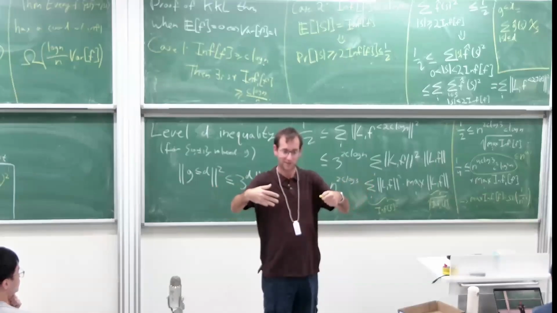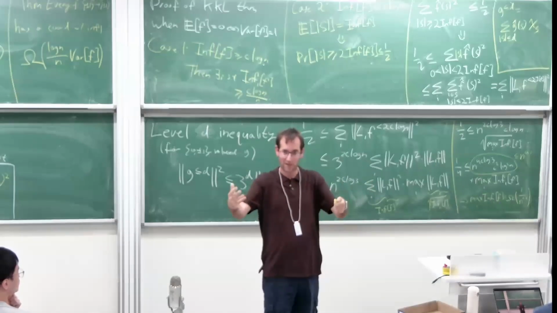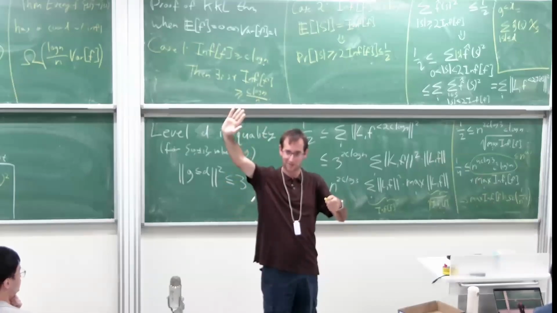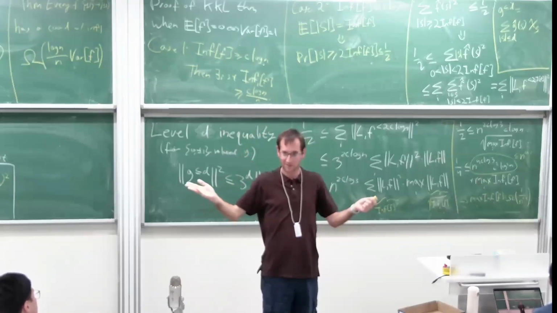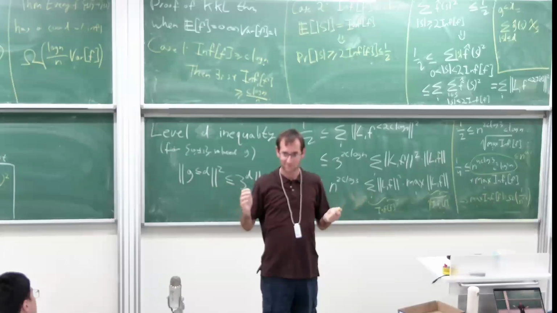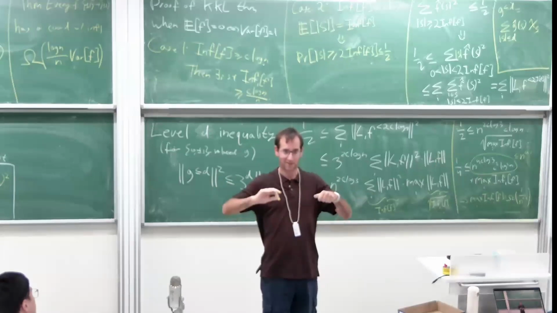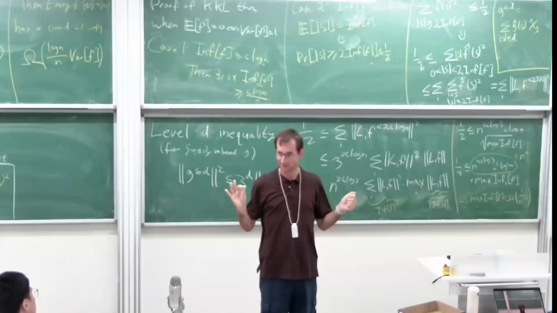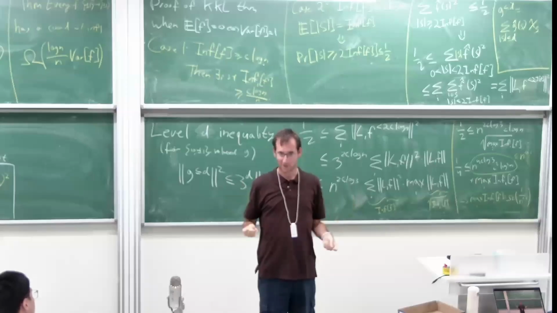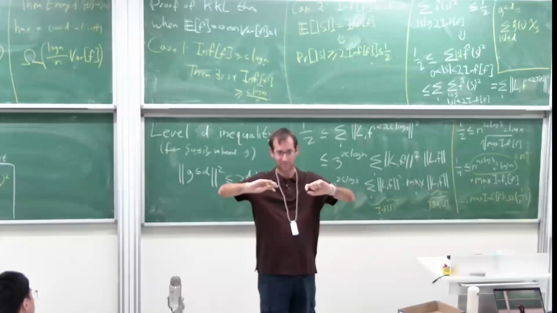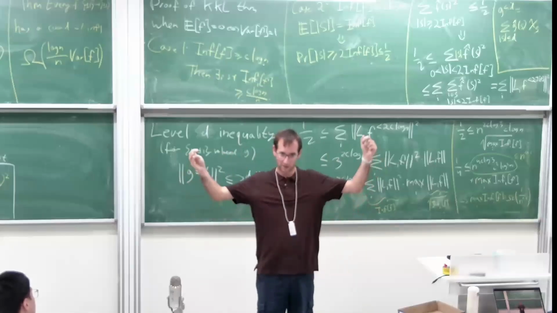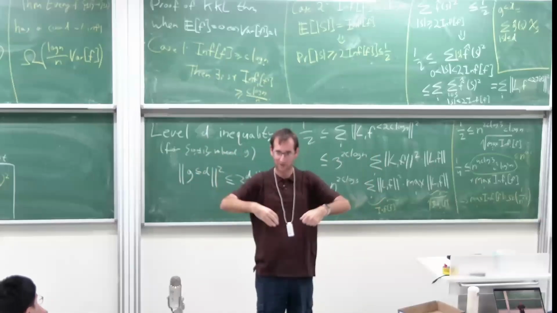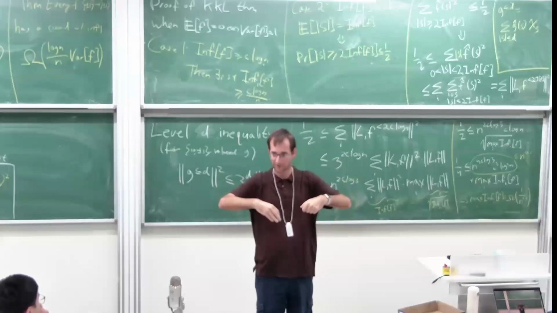So these LIF functions can't be very biased, because otherwise most of their mass would be on high degrees. And if they're not very biased, then one of them has to be large. This is the qualitative story. The fact that the total influence is small means that a lot of the mass of the function is concentrated on the low degrees.